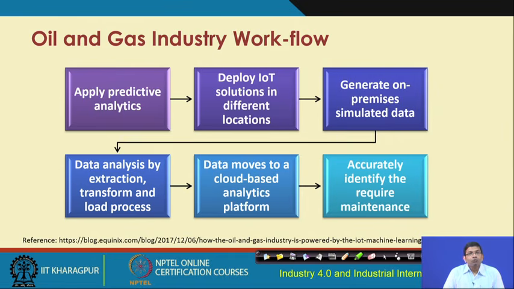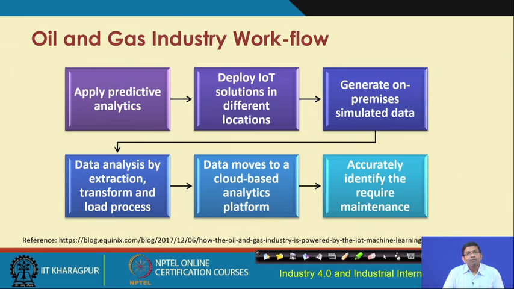Depending on what analytics we would like to do, the specific objectives that we have, the specific industry that is implementing, the oil and gas industry that is implementing this solution, they would have some specific analytics objective.